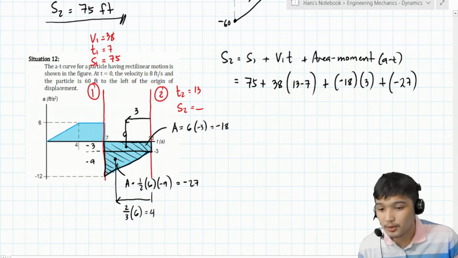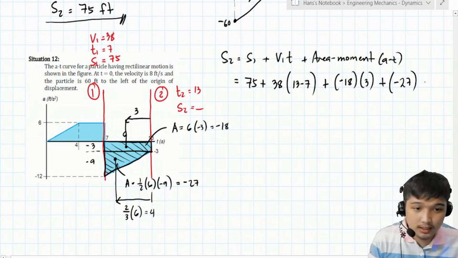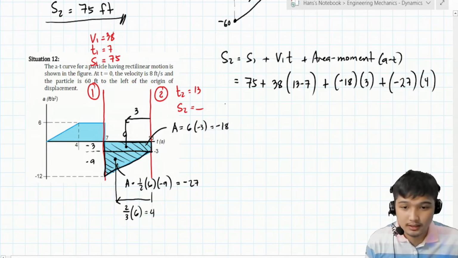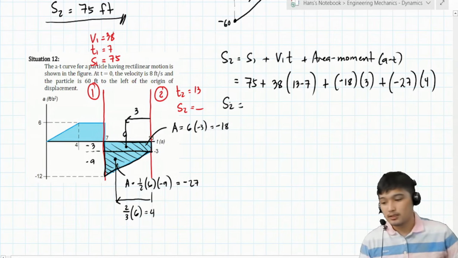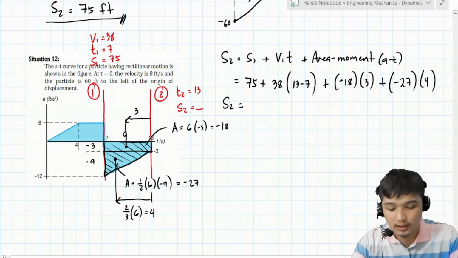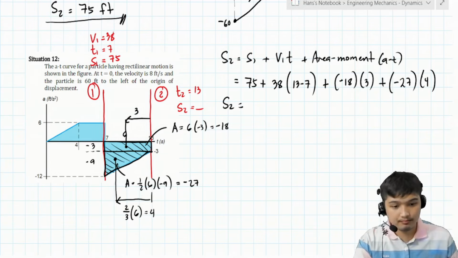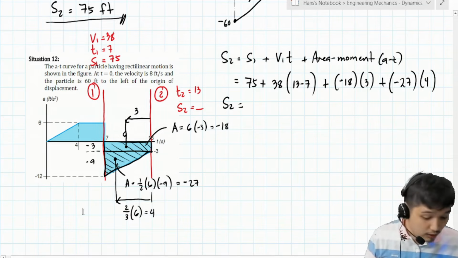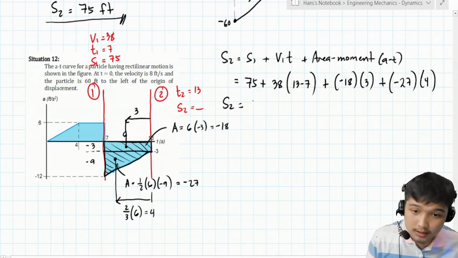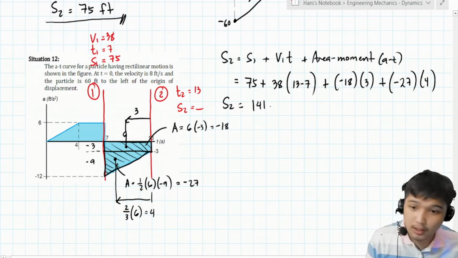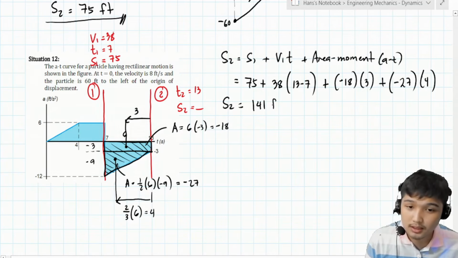So, that is 4. So, times 4. Okay? So, with that, masolve na natin yung S2. So, how much yung S2, guys? Okay, so lumabas sa calculator ko, S2 equals 141 and then the unit will be in feet.